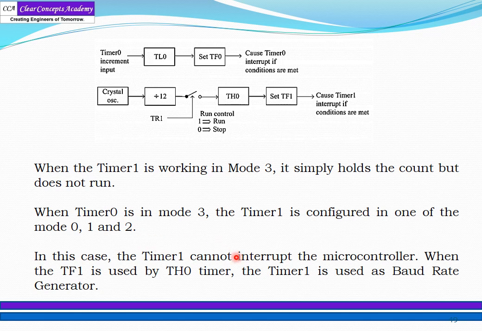But in this case, timer 1 will be used to generate the baud rate, and it will not actually take part in the timing process.